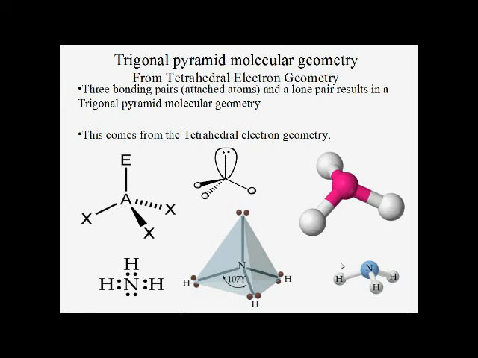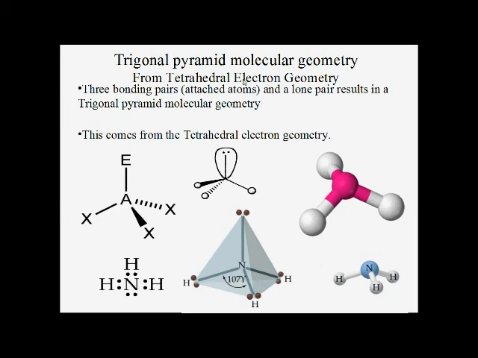And again, we just have a couple different ways of representing it: from the Lewis dot structure, letter structure, lone pair representation. So we have a trigonal pyramidal, trigonal pyramid, trigonal pyramidal molecular geometry. This is only a molecular geometry. Whenever we have a lone pair on the central atom, the molecular geometry is going to be different from the electron geometry. So the trigonal pyramidal molecular geometry comes from the tetrahedral electron geometry.